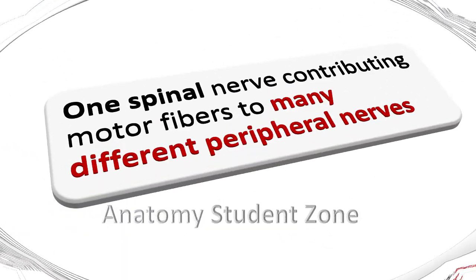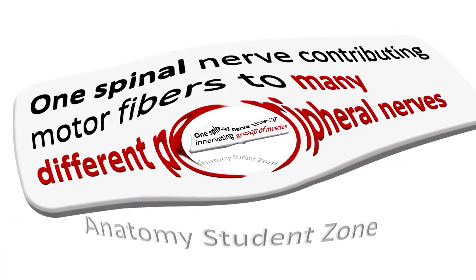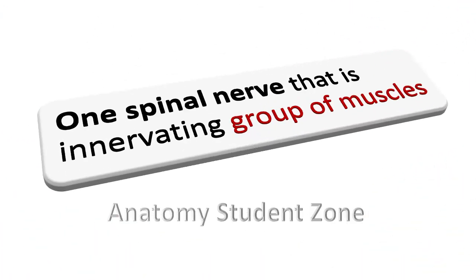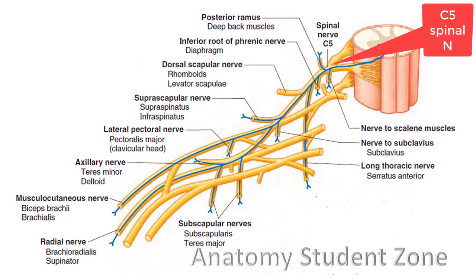First, we will discuss one spinal nerve contributing motor fibers to many different peripheral nerves, or a spinal nerve that is innervating a group of muscles. Now I will explain in this image. As you can see, the spinal nerve C5 is shown over here.